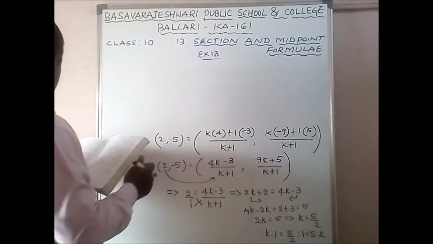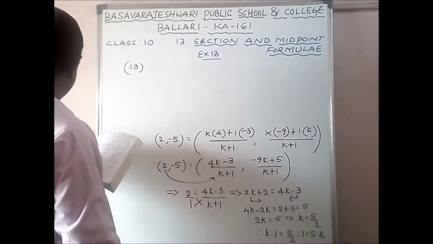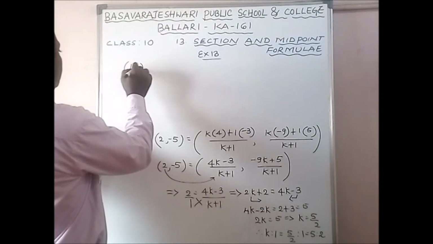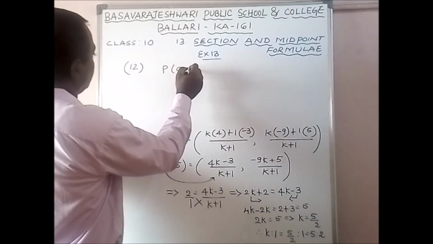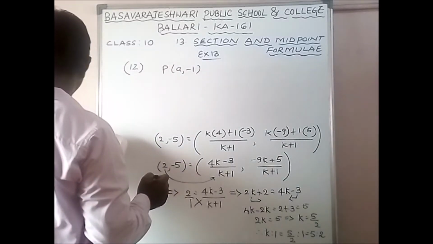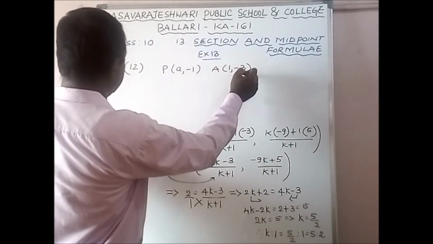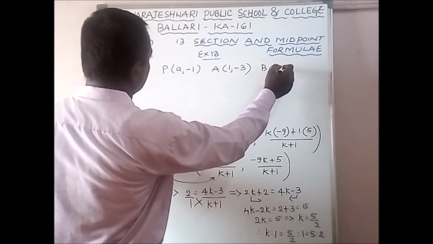So now I will write down the data. In question 12, they are given the P point, that is (a, -1). They are given the A point (1, -3). They are given the B point (6, 2).